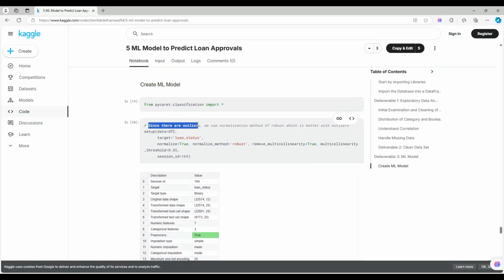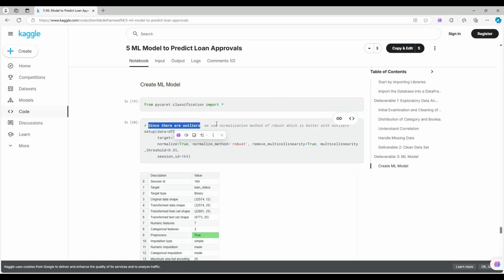As you remember, we have dealt with the kind of improbable or implausible values, but we have not addressed particularly outliers. In certain situations, you would need to address outliers and focus on them, getting your data kind of normalized.